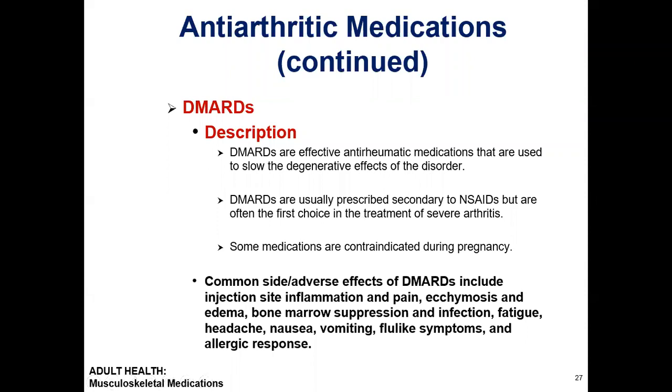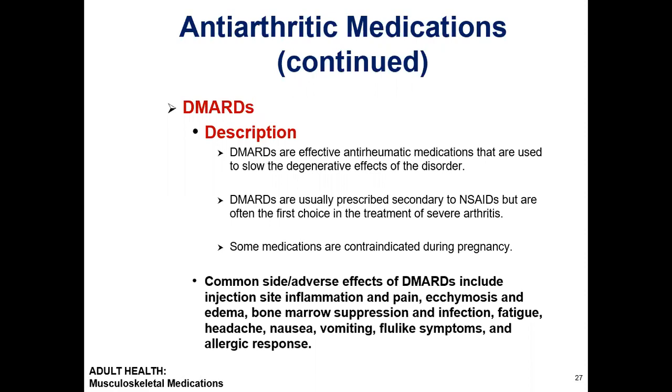So if my patient has a mild or moderate condition, we give them NSAIDs, we give them steroids, but if they do not work, then we go for disease modifying agents. Or if the patient has a severe problem, we give them disease modifying anti-arthritis drugs.